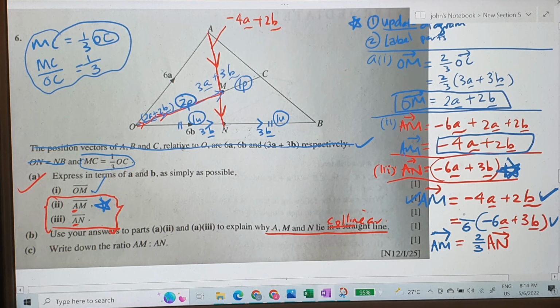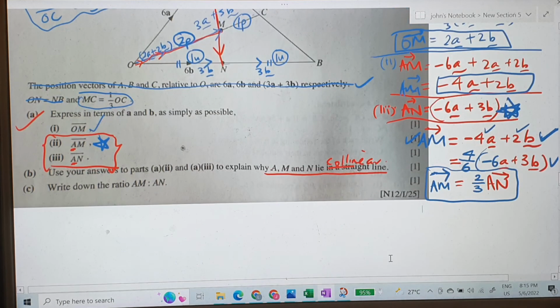I want 4, I times 4. That's why 4 over 6 times this will give me this. Don't believe, you take 4 over 6 times 3, right? You will get this. As long as one of them is correct, the other one will be correct already. Then you reduce this to the simplest form, and once you have this, you can make your conclusion already.